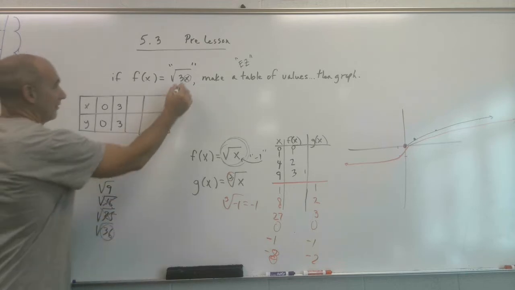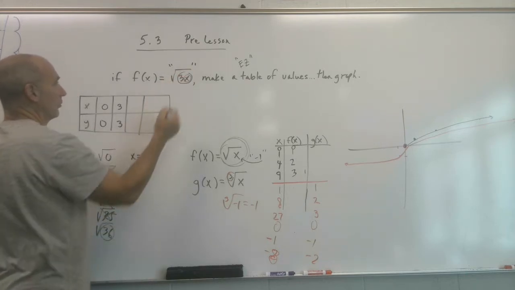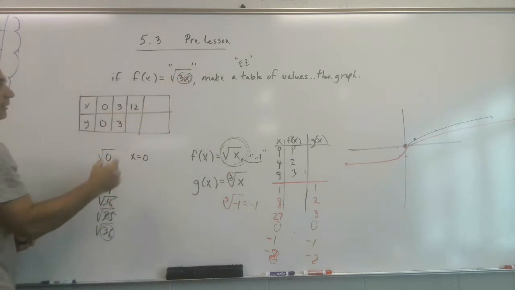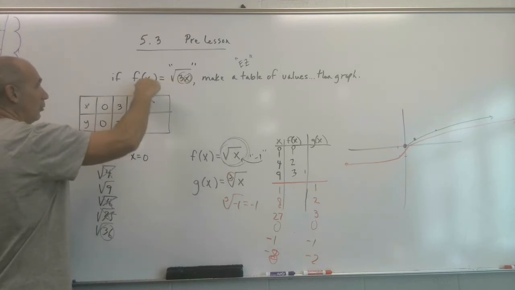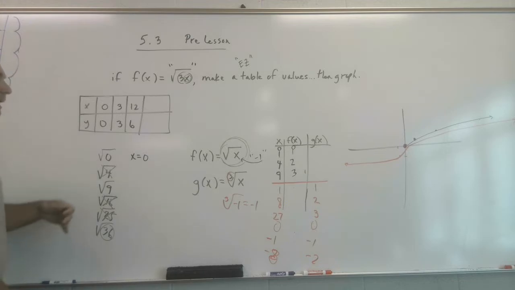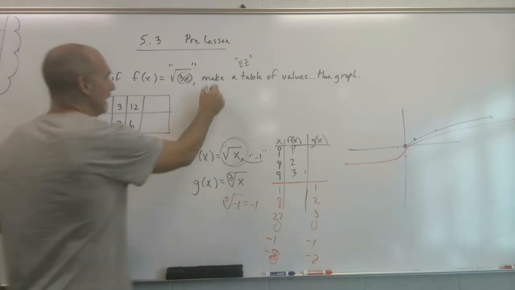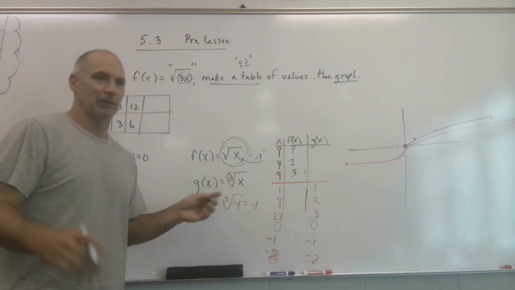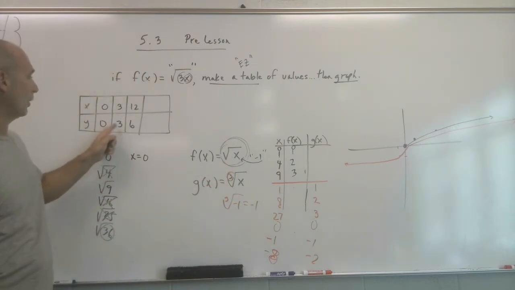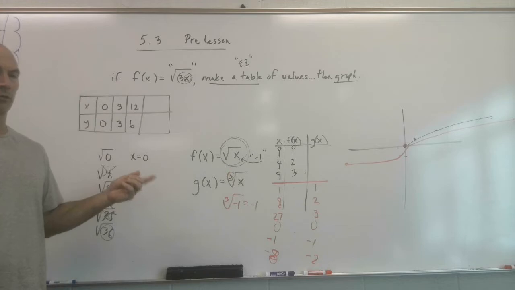So what does x need to be so that all of this is 36? 12. So 12 times 3 is 36. The square root of 36 is 6. So y is 6. Now, I don't know how far they said make a table, then graph. The book seems to have a habit of picking 4. I'm going to call it good with 3.